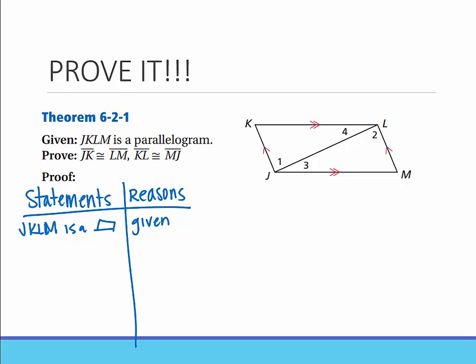So we know that the opposite sides have to be parallel. We don't know yet that they're congruent, but I know that JK has to be parallel to LM, and that KL has to be parallel to JM. And that is because it's a parallelogram. So definition of parallelogram.